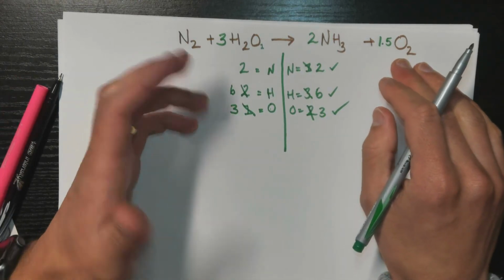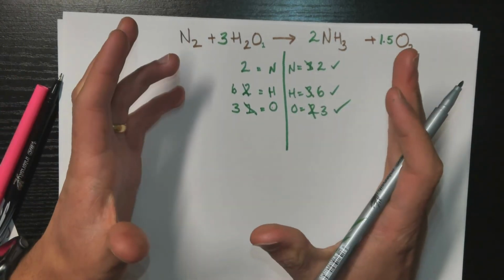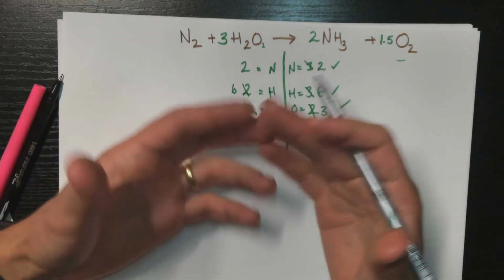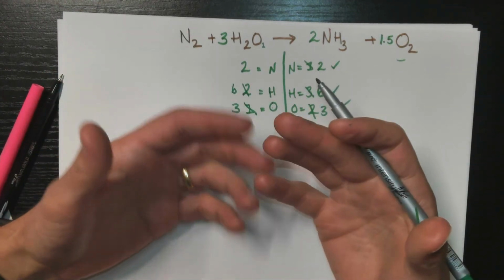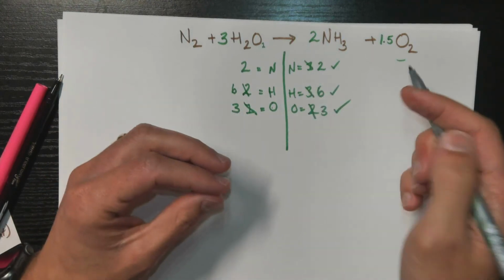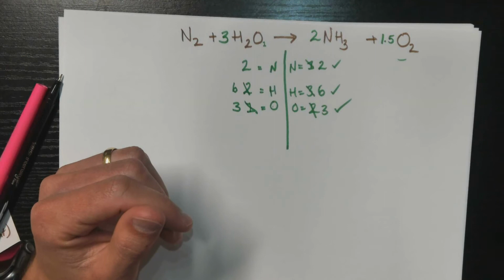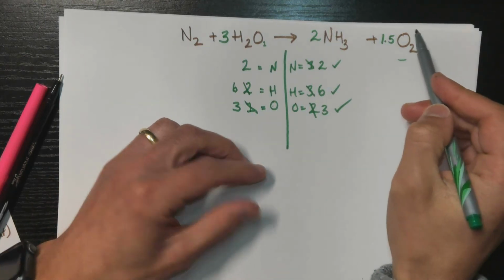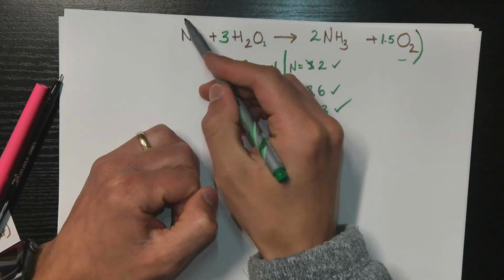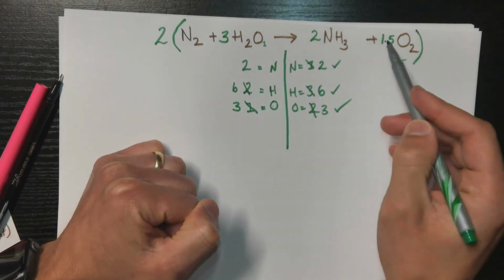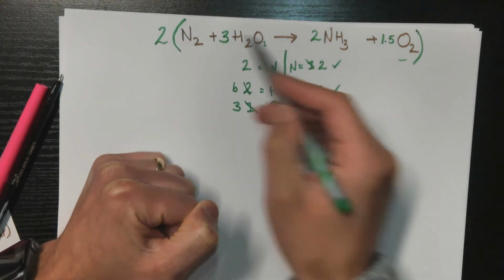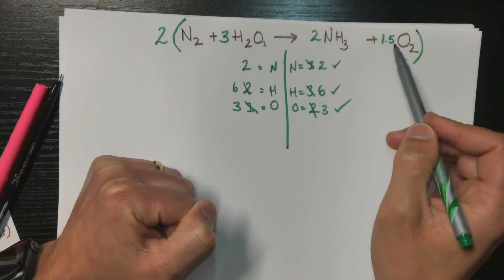That doesn't exist. So this is true in practice, but it's not true theoretically. It's not going to actually work in real life. So what I want to do is take care of that fraction, and what I'll do is a math trick. I'm going to multiply the whole thing by 2.